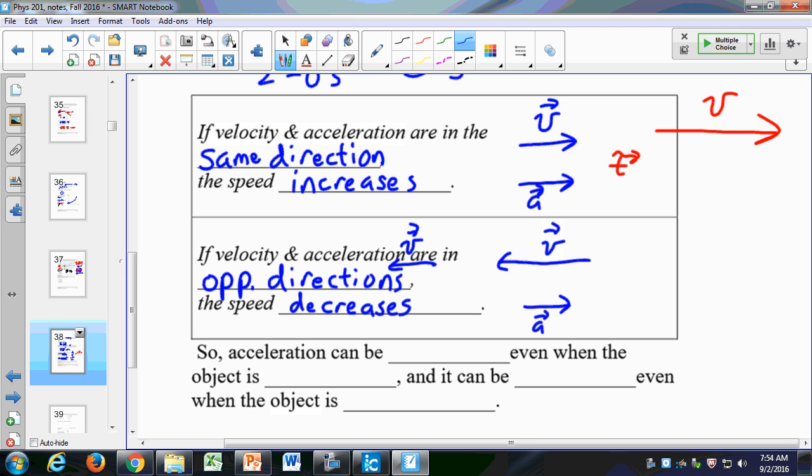So acceleration then can be positive even when the object is slowing, and it can be negative even when the object is speeding up.